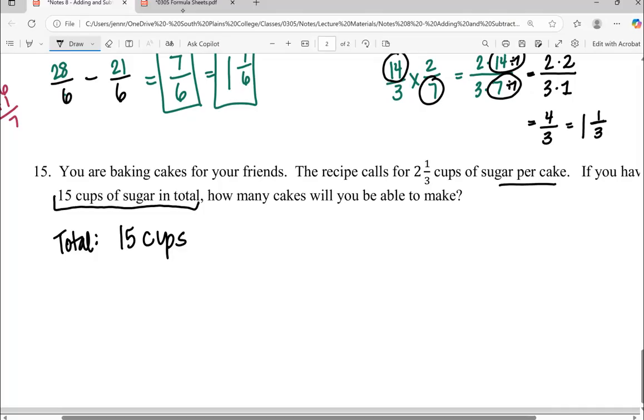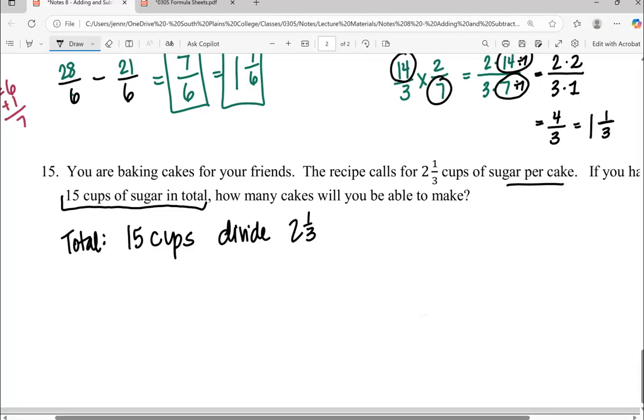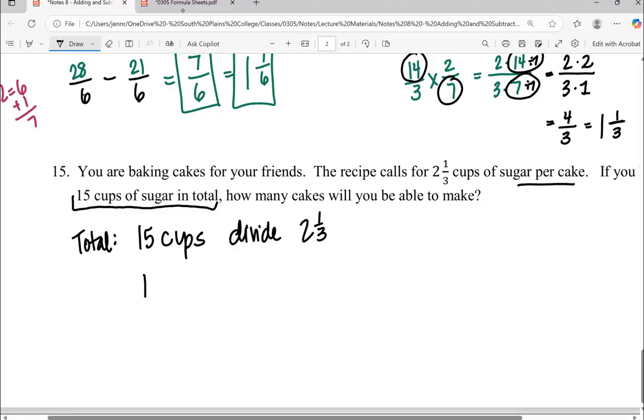Y'all, if I have a total of 15, I can't magically create more sugar. However, I can divide that by 2 1/3 so that I can break it up and decide how many cakes I can make. So 15 divided by 2 1/3.